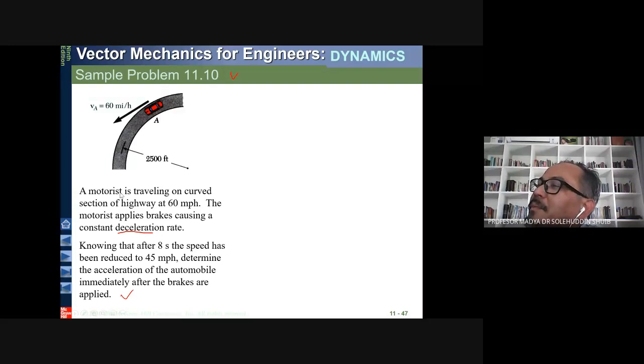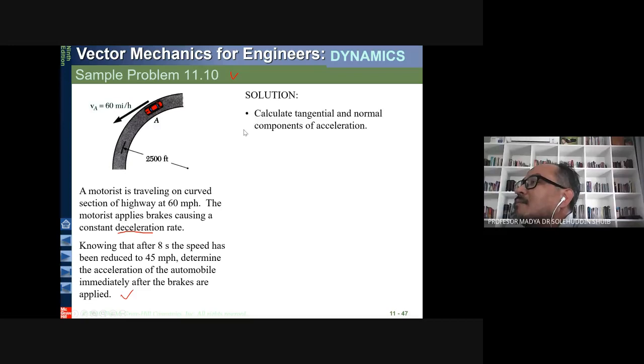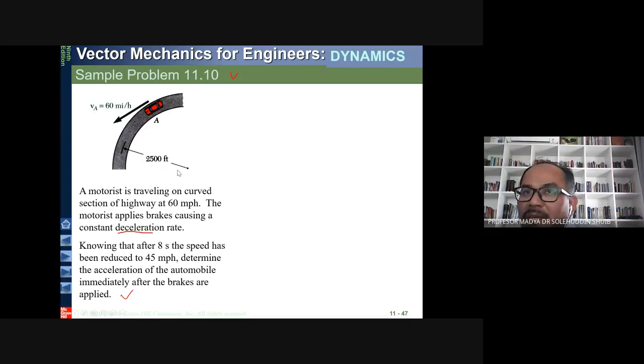So what is known here? We know the velocity, and we know the radius of curvature, which is 2500 feet.